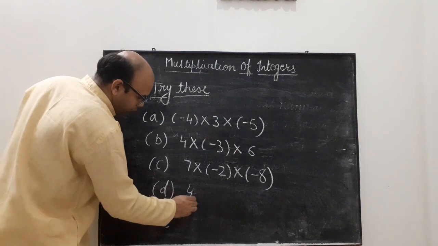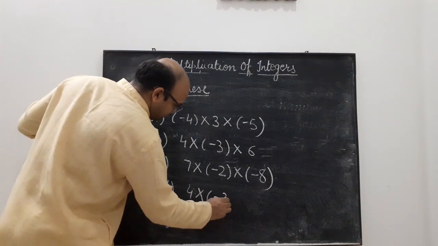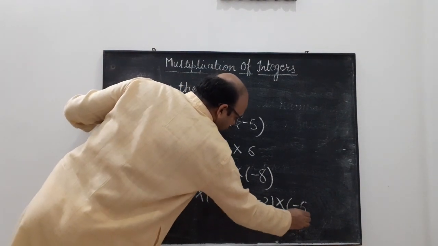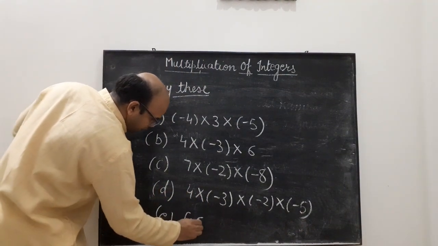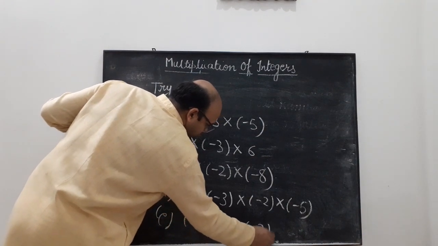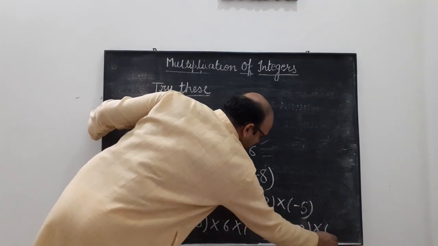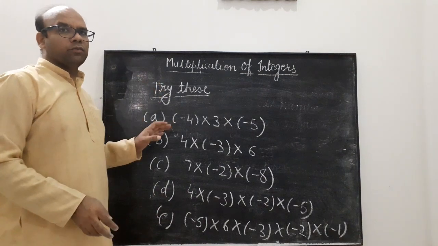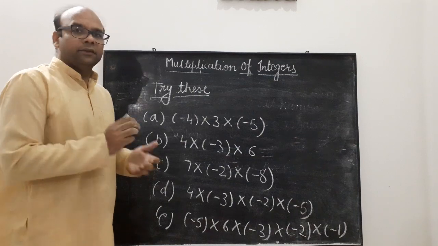You have 4 into minus 3 into minus 2 into minus 5, and then you have minus 5 into 6 into minus 3. So just try these questions at home. Kindly solve these questions, and that's for today.